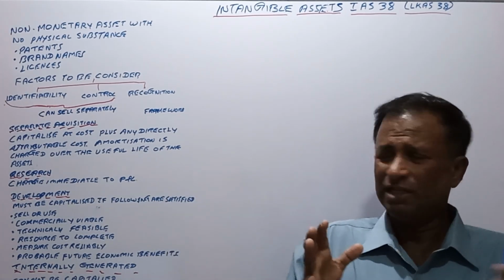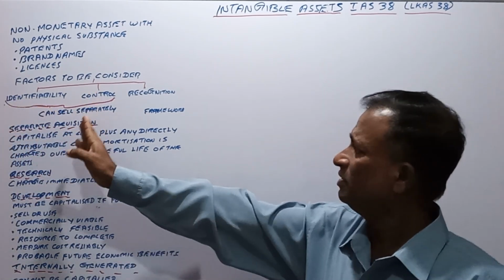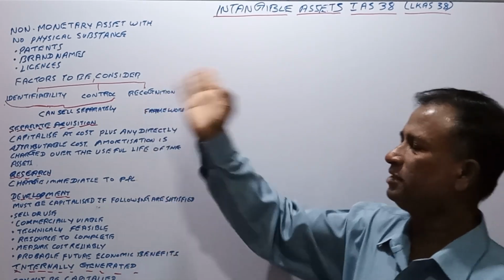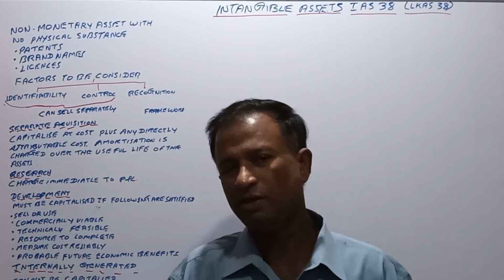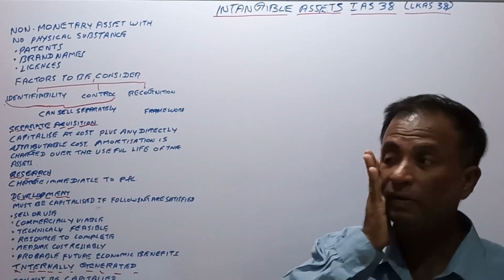If control and identifiability are there, you can sell it separately. And recognition should be there. That is the framework.